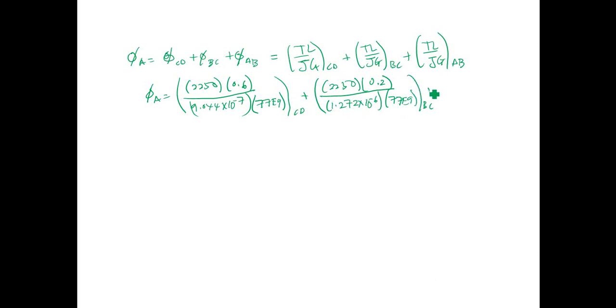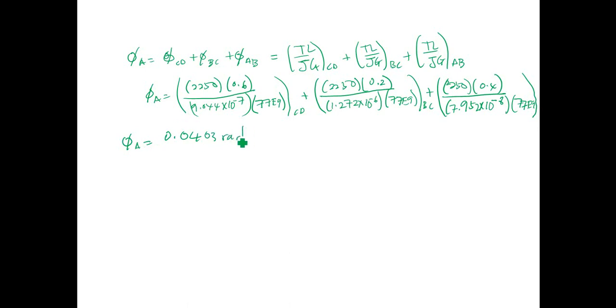Then plus, for AB, the torque is 2250 multiplied by 0.4, divided by 7.952 times 10 to the minus 8 multiplied by 77 exponent 9.